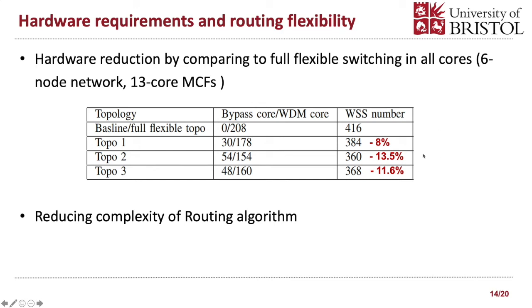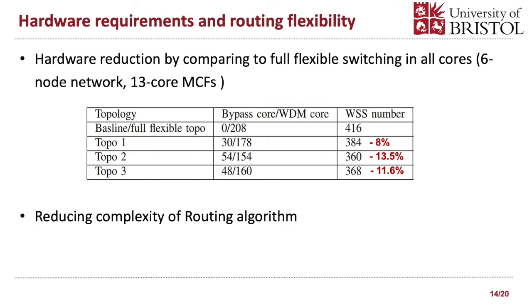Here we didn't mention the required WSS port number, but the introduced bypass cores reduce further the number of ports required for each WSS. So that is only 6 nodes.